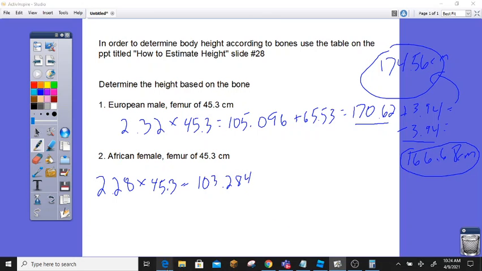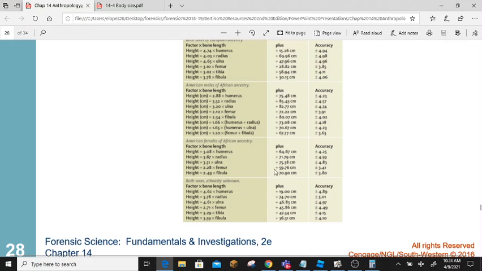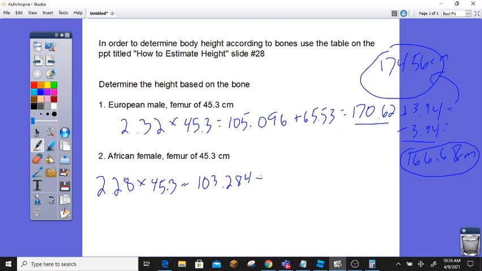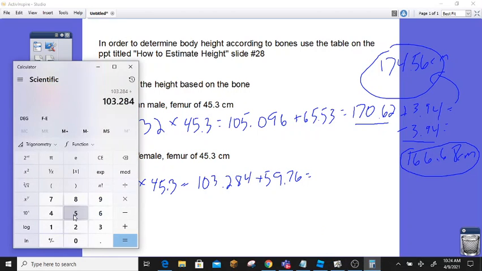Okay. So now we're going to add 59.76. So plus 59.76, 163.